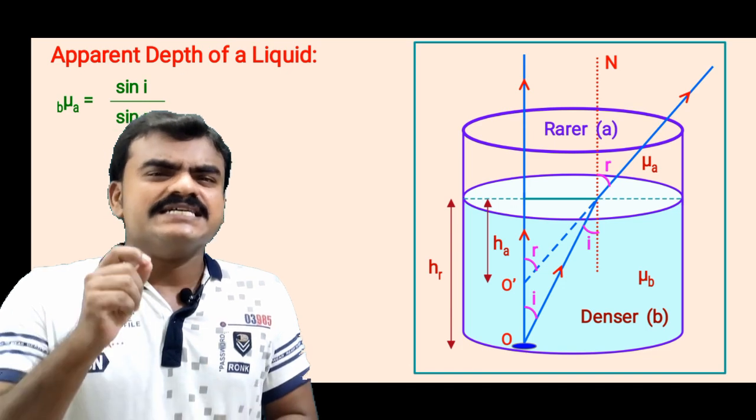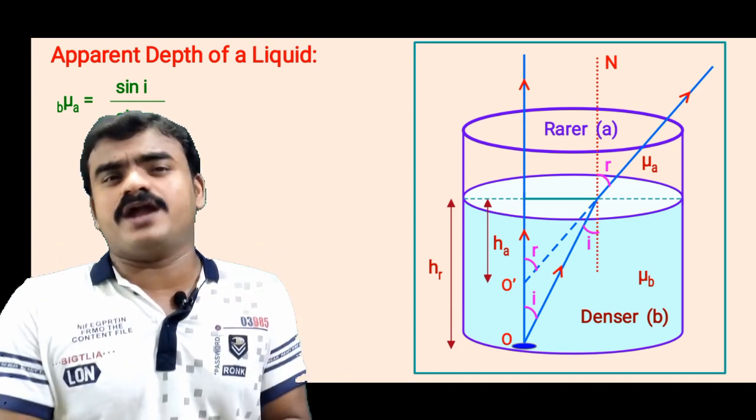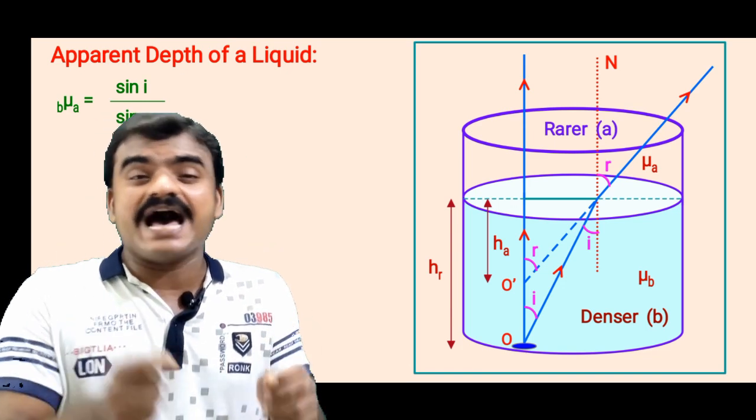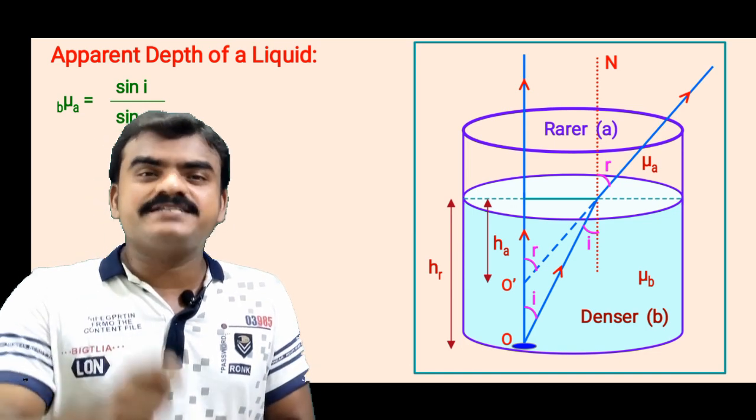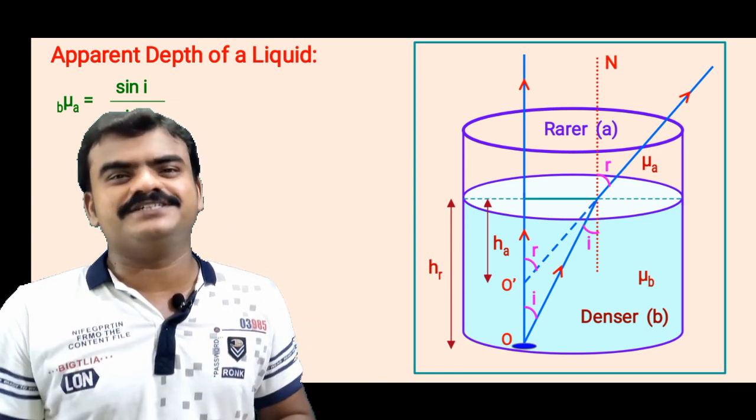Not only this, some interesting natural phenomena, for example sunrise and sunset, are related to this. Advanced sunrise and delayed sunset. The sun is visible a little before the actual sunrise. Yes, we are watching the sunrise 2 minutes early.